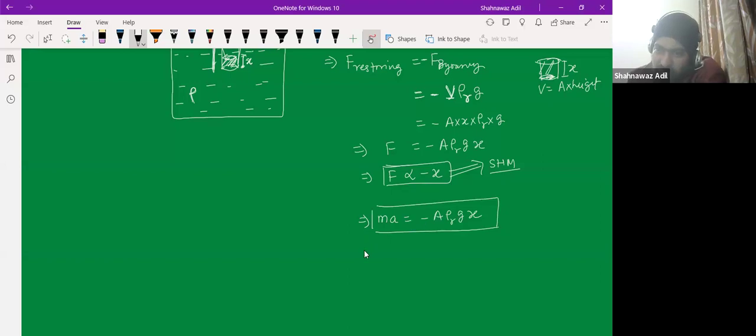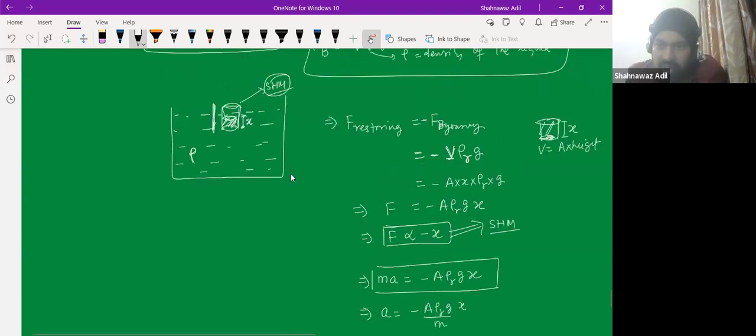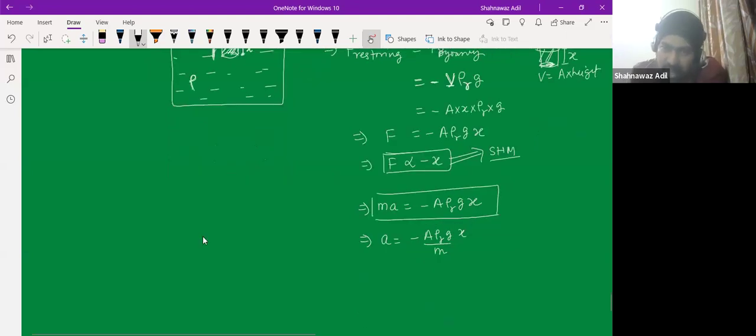So this would be minus A rho r g x, and this would be m. And we also know what would be the mass of this cork? Mass is how much? Density is how much?